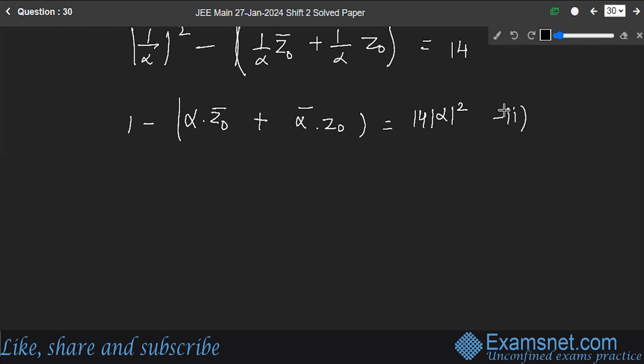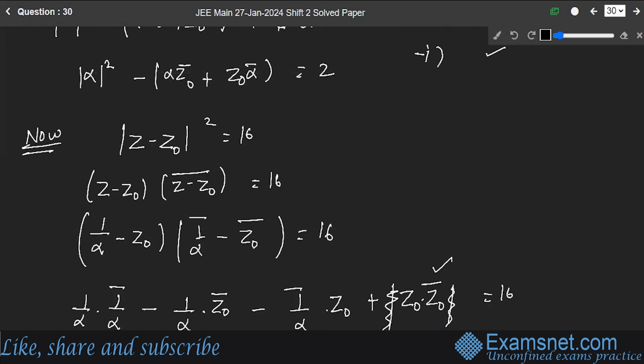You had alpha modulus square is equal to 2 plus alpha z naught conjugate plus alpha conjugate z naught. Here was supposed to be plus because I have taken this on the right hand side.